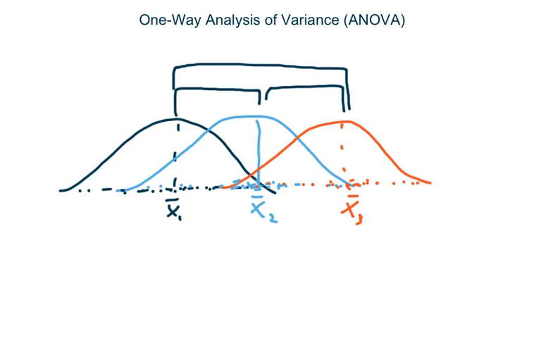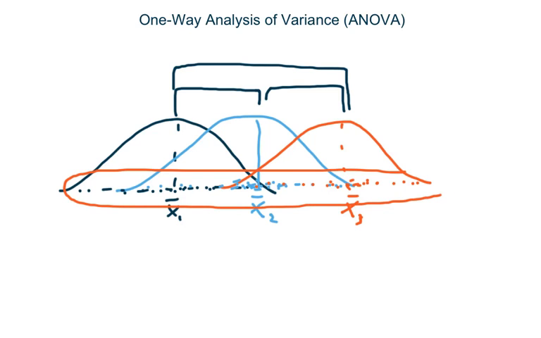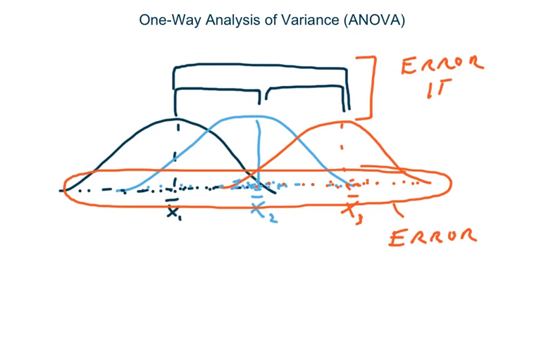Okay, individual variability from one person to the next is error no matter what. That's the definition of error. Then the differences between groups is also error, but only if the null hypothesis is true. Okay?